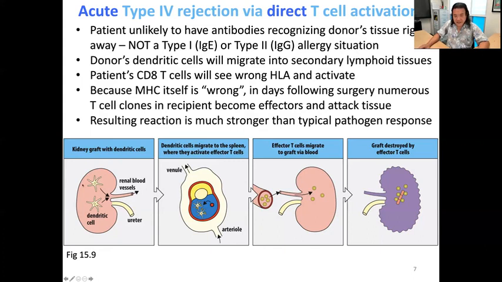The patient waiting at the transplant center gets notified that they have a kidney on the way, in preparation for undergoing surgery. Of course, they're given all types of drugs as well, and many of these drugs, unfortunately, also induce inflammatory responses.